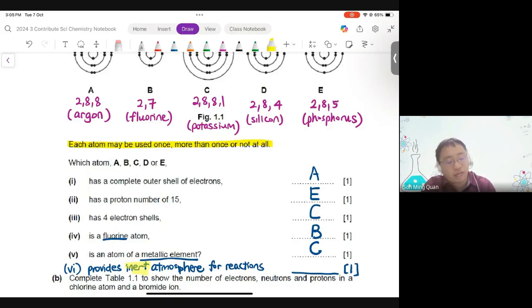This whole thing depends on your understanding of the word inert. So what is the meaning of the word inert? Now, you need to know synonyms, words that have the same meanings. Inert is another way of saying unreactive.